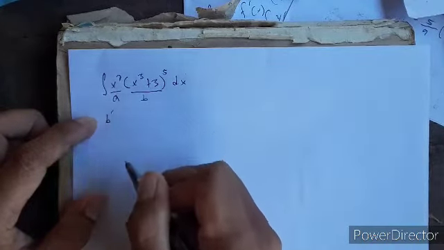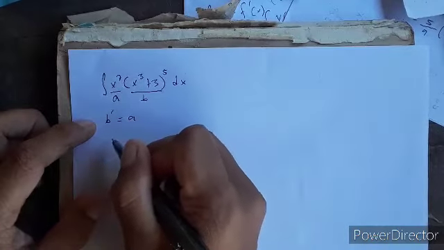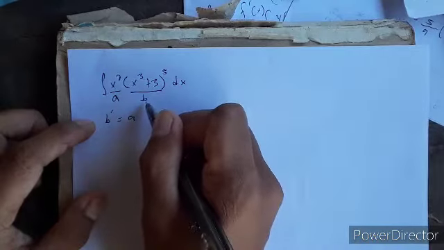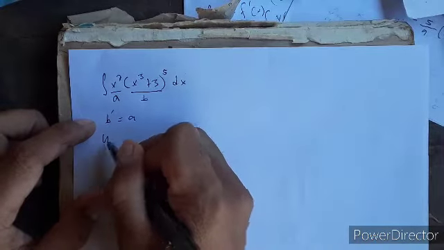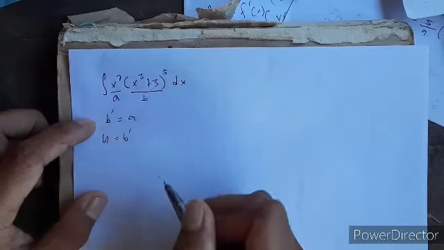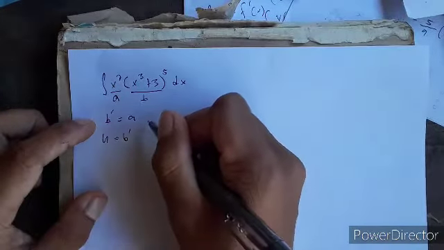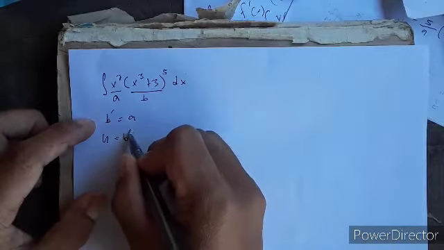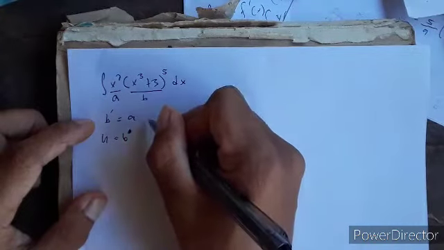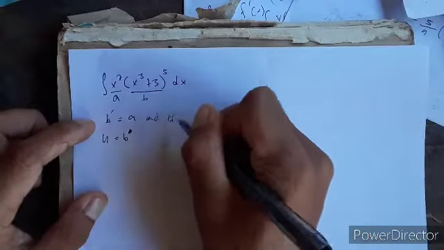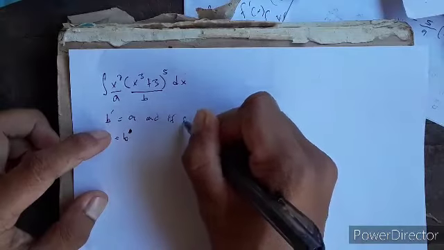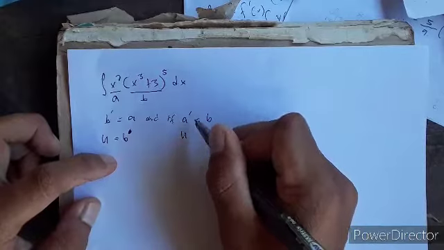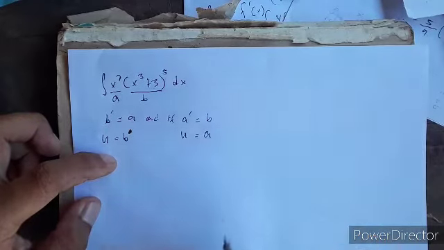If b prime is equal to a, we represent our b as our u. And if our a prime is equal to b, then our u is our a.